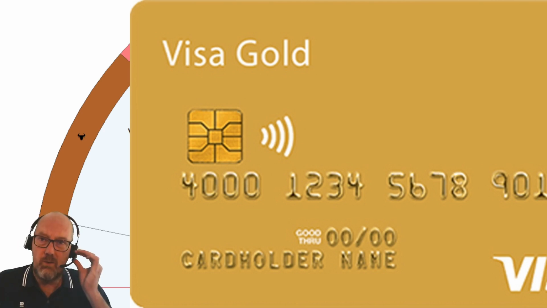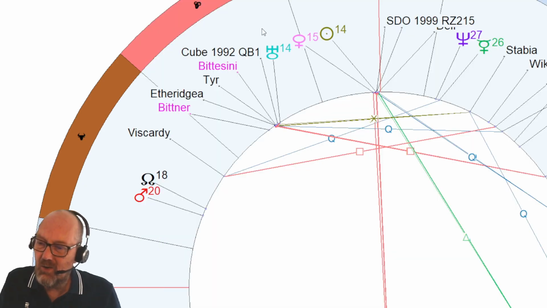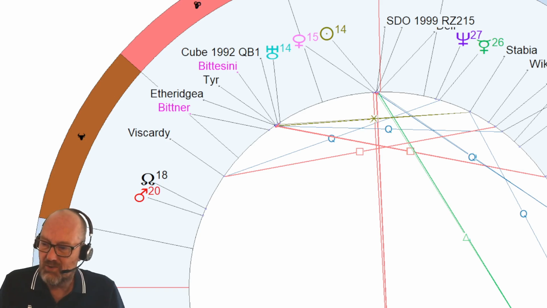So if you want to look at a drop in price or a strong pump, you might look at Bittesini. But what you're looking at here is something entirely different, but also interesting.